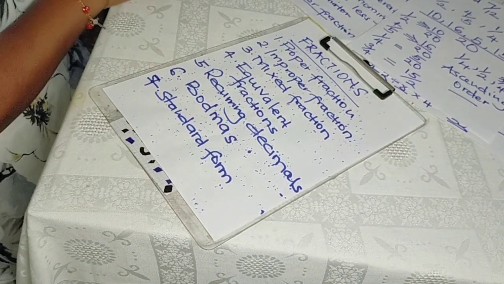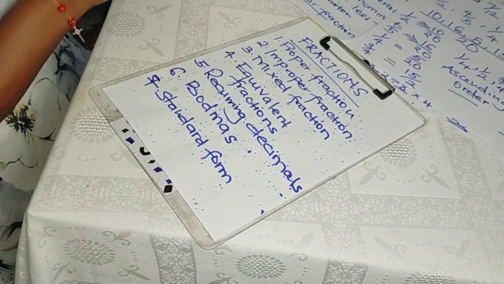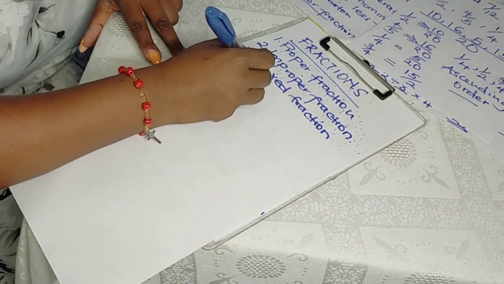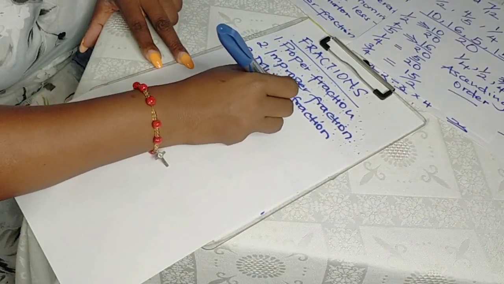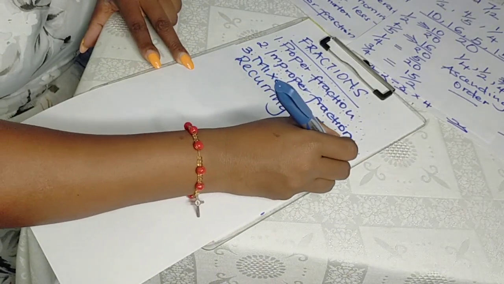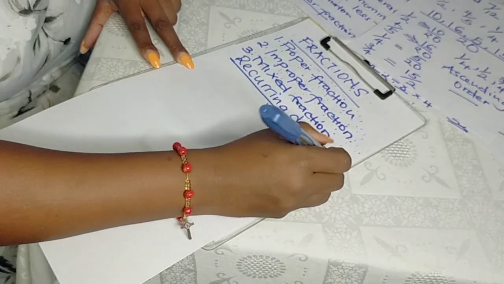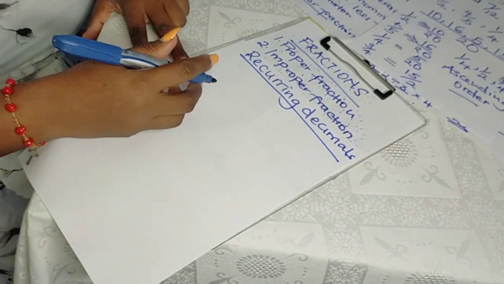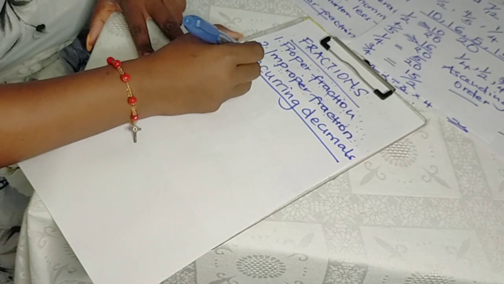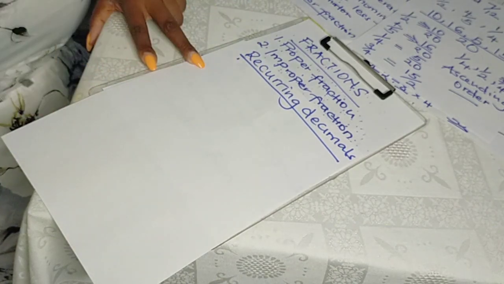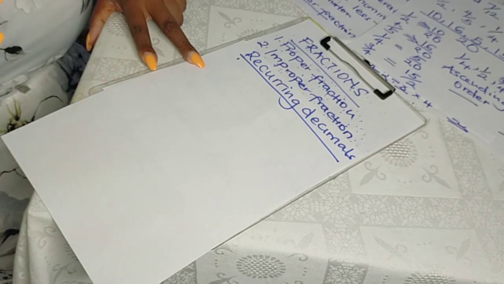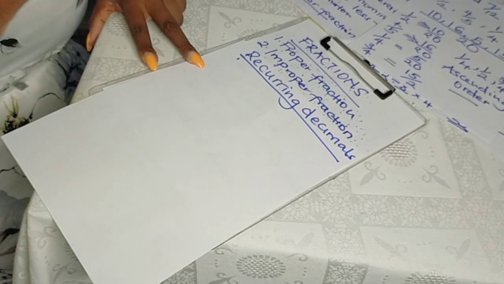Now from there, we move on to recurring decimals. Now, sometimes we have decimals which look like this. As in we are looking at recurring decimals and how to change them to fractions. Because remember, we are under the topic of fractions.